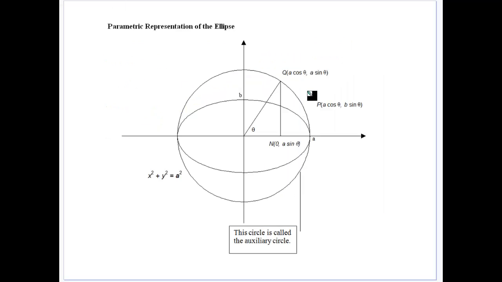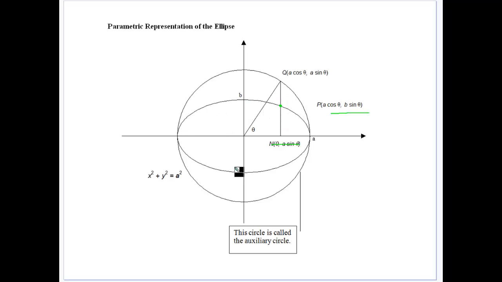So if you're looking here going, well, how do we get that? Well, the idea is that from the auxiliary circle, we know the point across here should be a cos theta. So the point there is a cos theta. We know that because that's a distance of a, so we can get theta. That's a cos theta. The distance up there was a sin theta. Really didn't make much difference.